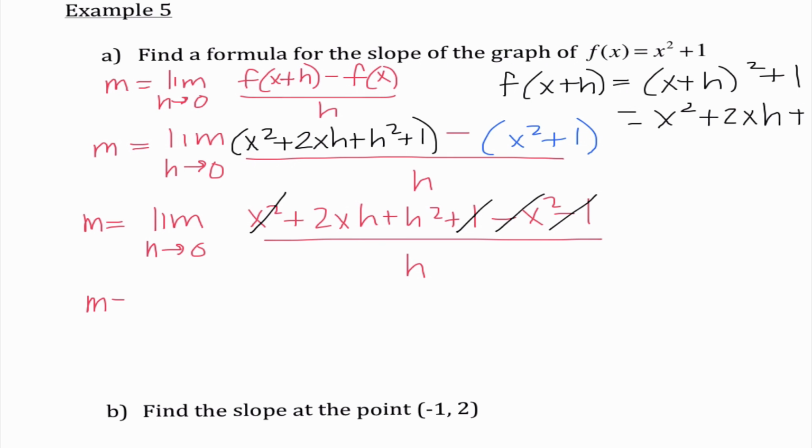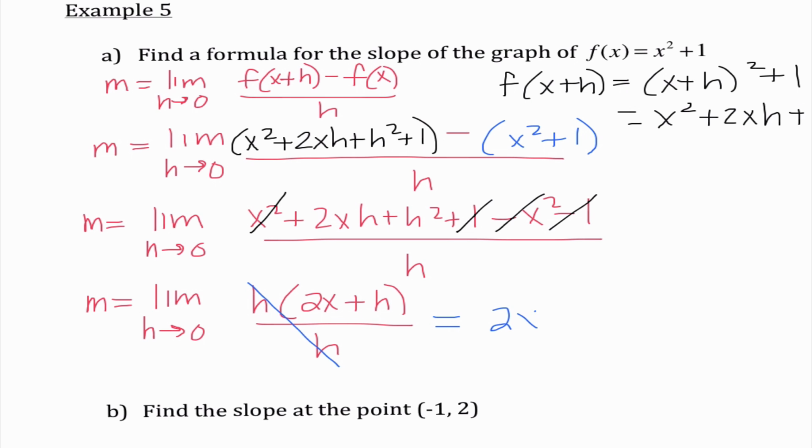Now I'm going to skip a step here because I notice in the numerator I can factor an h out and I'm left with 2x plus h. I got that just by looking at what was left, and I had an h in both of those terms. So these h's can be canceled out and I can use direct substitution and put in 2x plus 0. So I get that our slope is equal to 2x.